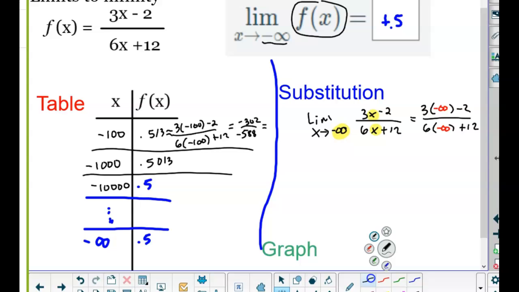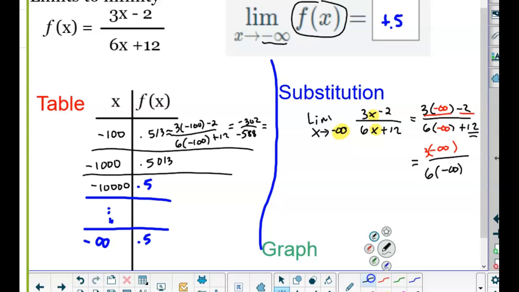So this whole thing right here ends up being negative infinity. What if I subtract 2 from that? Is that going to matter? So the top part is going to reach negative infinity, but it's going to have 3 times that value. And we'll talk about that in a second. But the bottom is going to be 6 times negative infinity.